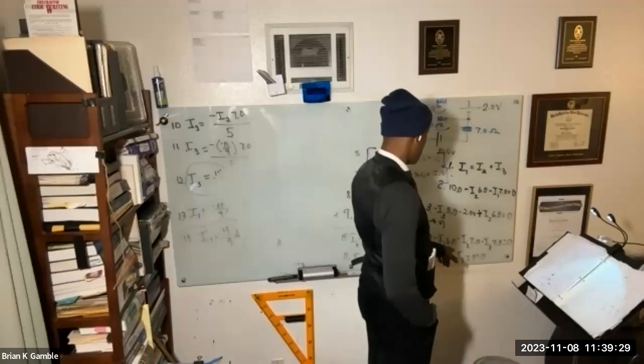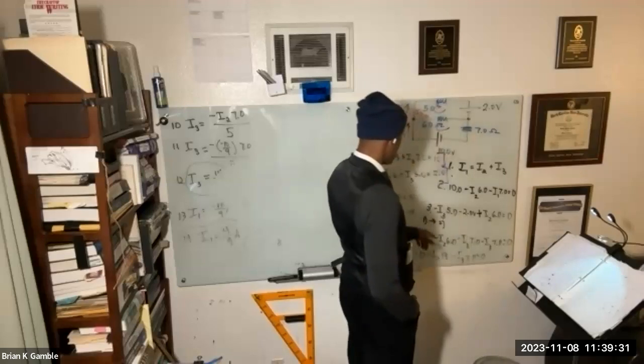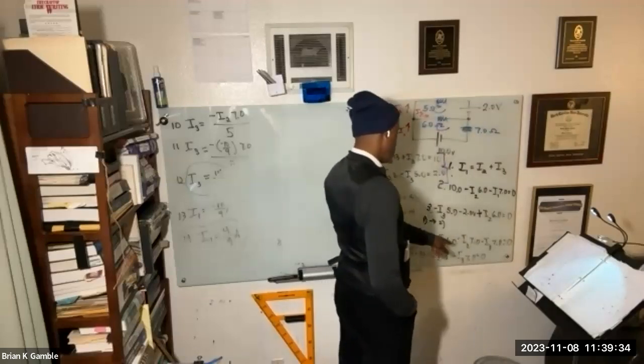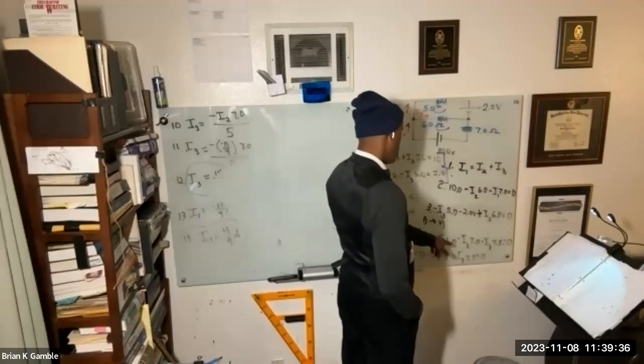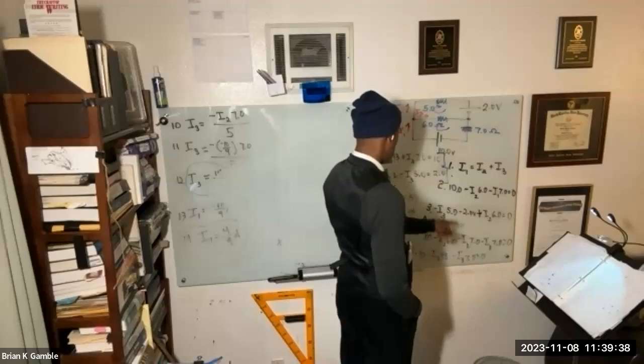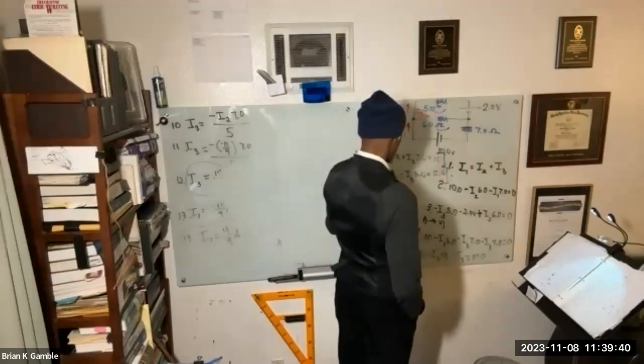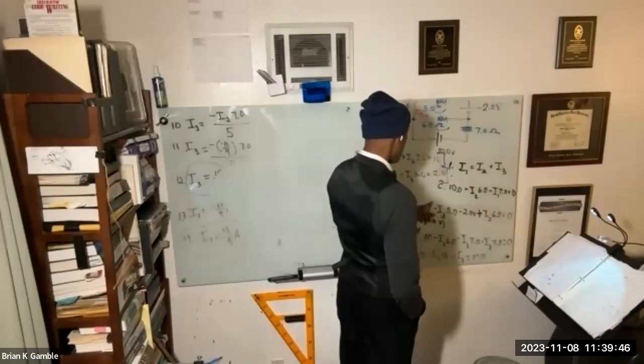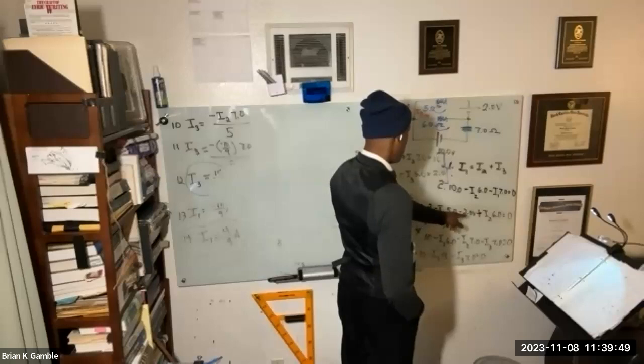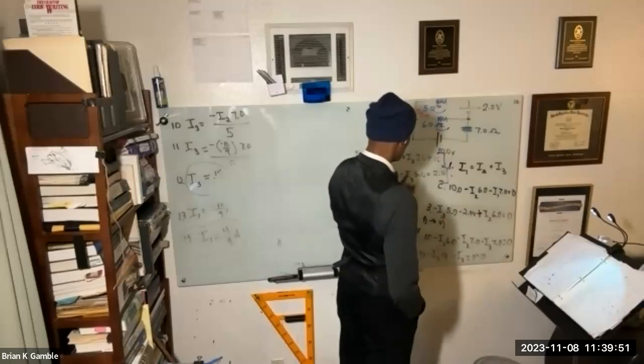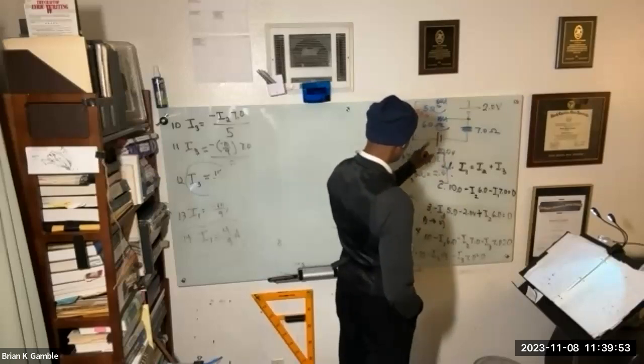So you have a minus 13, a minus 7 equals a minus 10. All the minus signs cancel, and I've got this. And this one, I'm just writing that down again, plus 6 volts.